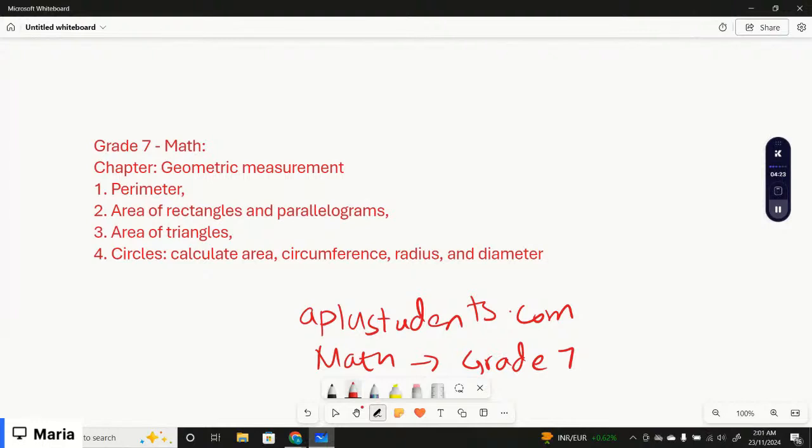We're going to start with the chapter geometric measurement. The lessons we're going to cover today are perimeter, area of rectangles and parallelograms, area of triangles, circles, calculate area, circumference, radius, and diameter.